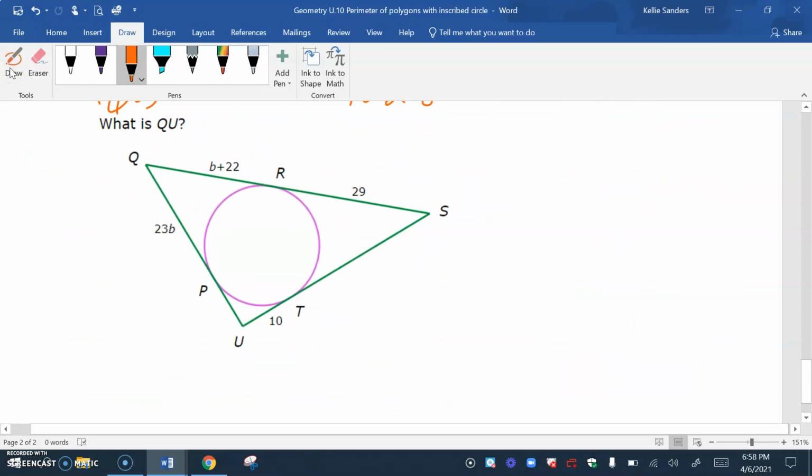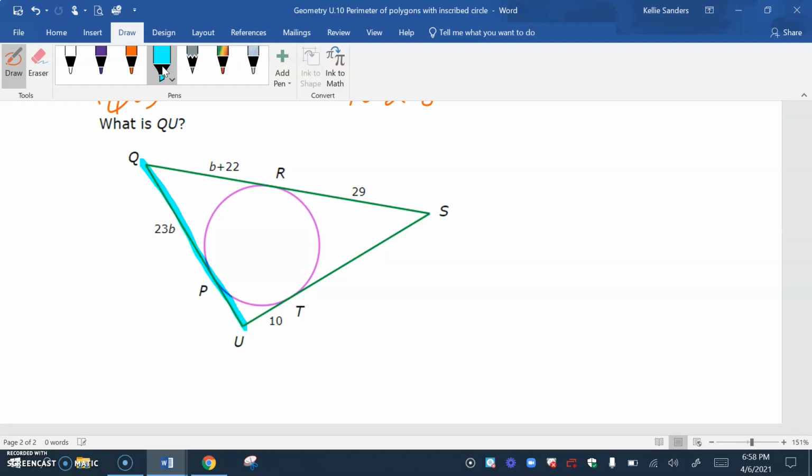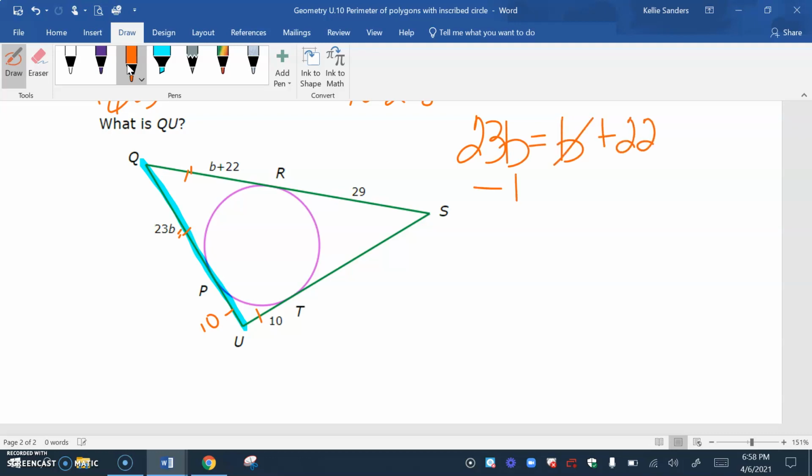And what is QU? So I'd just want how long that side is. If this is 10, then this is 10. And these two equal each other. So 23b equals b plus 22. Subtract the b and get 22b equals 22.